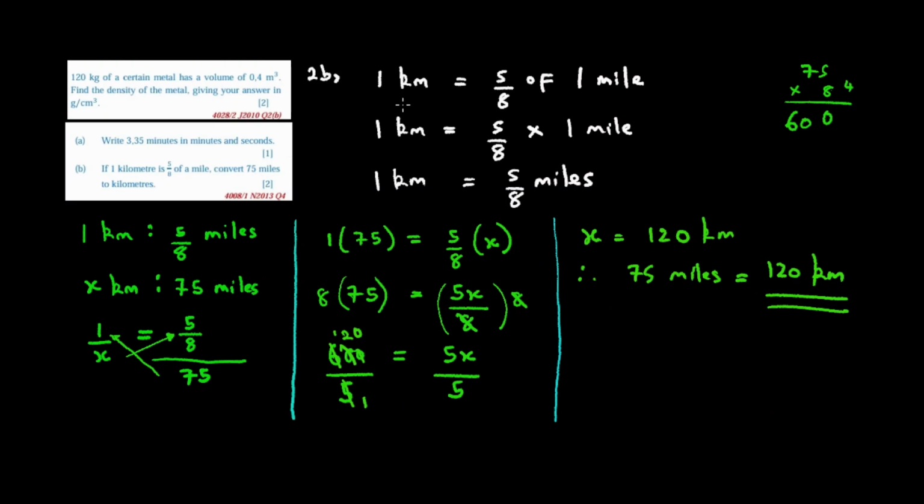My trick here is that when you see 5/8 of a mile, they are just saying 1 kilometer is 5/8 miles. Then you can manipulate from there. I also want you to look at the syntax here. 5/8 has a division sign, and this division line I made smaller, but over 75.